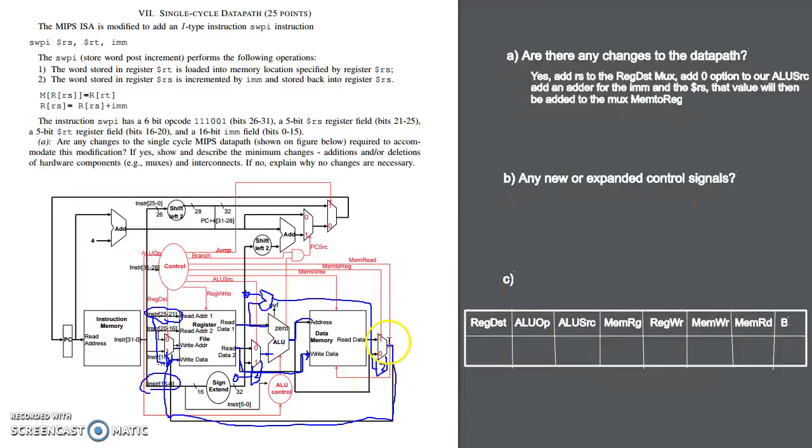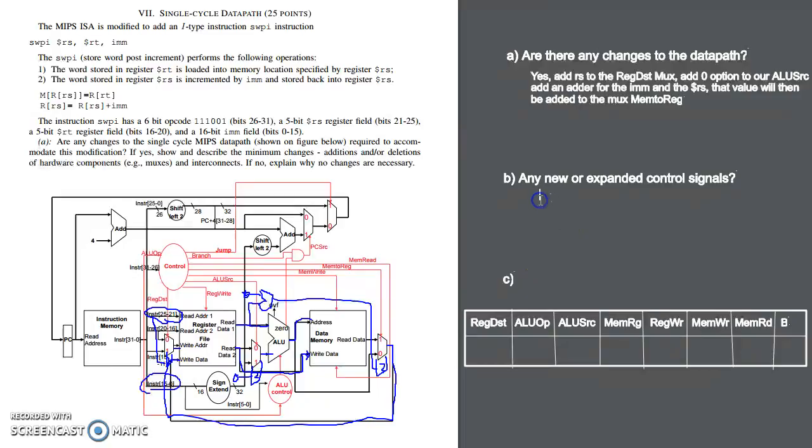And so then that can become the value of the register that we write to. So we'll be saving that value to our register, and we'll also be saving this value rt to address rs in our memory.